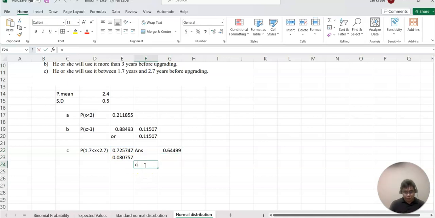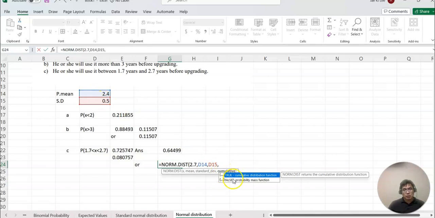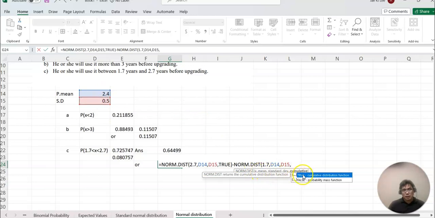Or you can just do equal to normal distribution, then 2.7, the bigger one, comma mean comma standard deviation comma cumulative true, and then minus normal distribution again, 1.7 comma mean comma standard deviation comma cumulative true, close and enter.